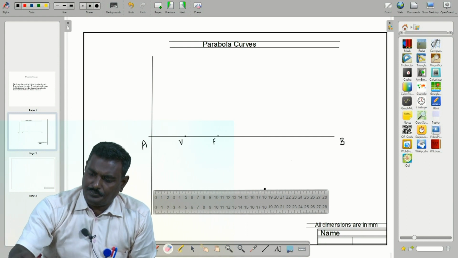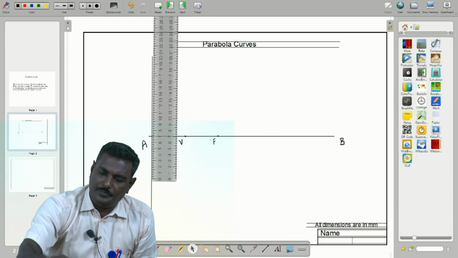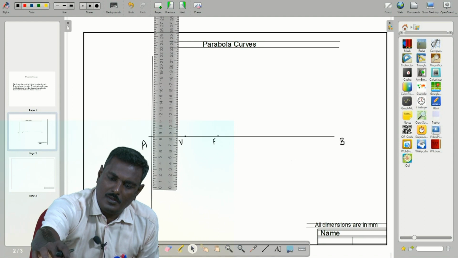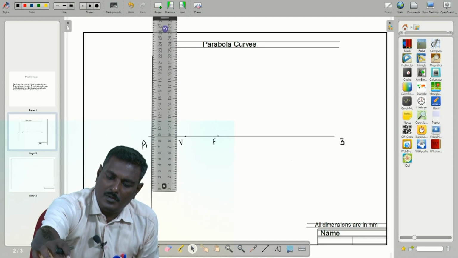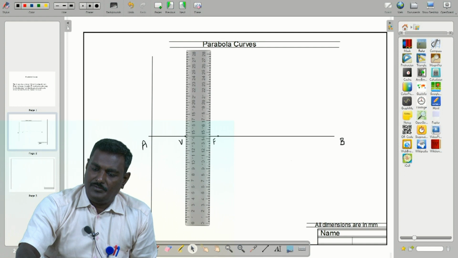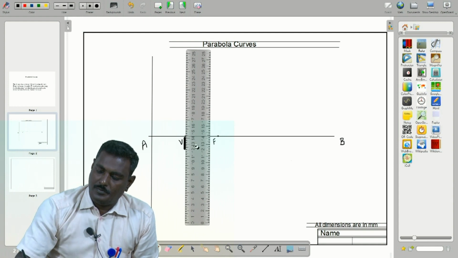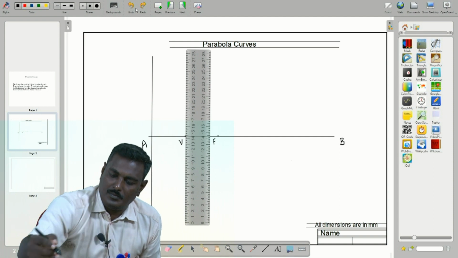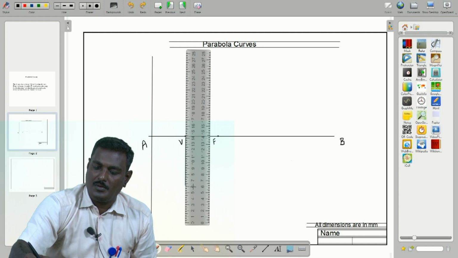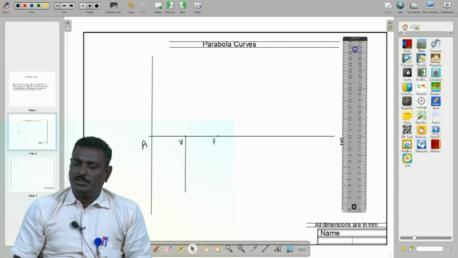Now draw a vertical line from V. After drawing the vertical line from point V, then take the compass.